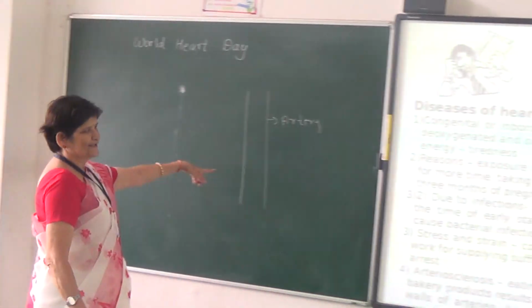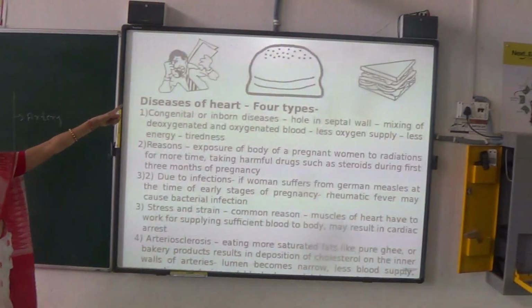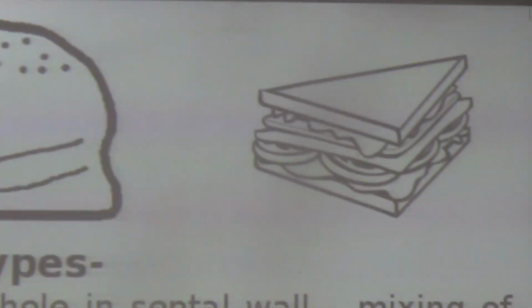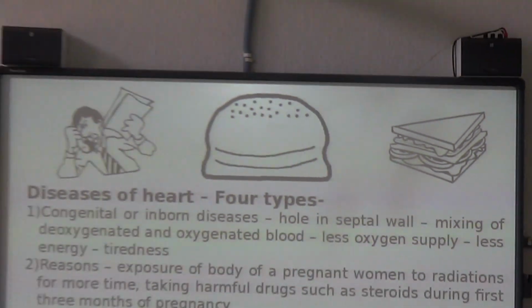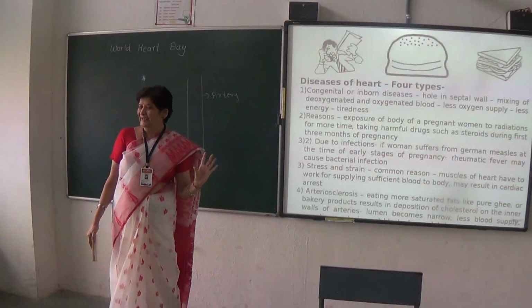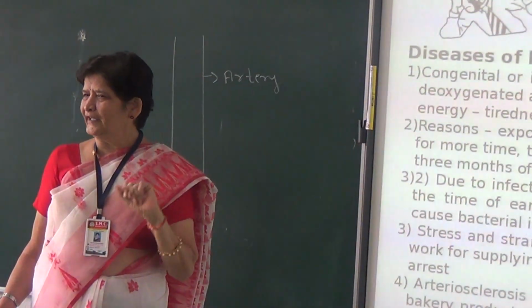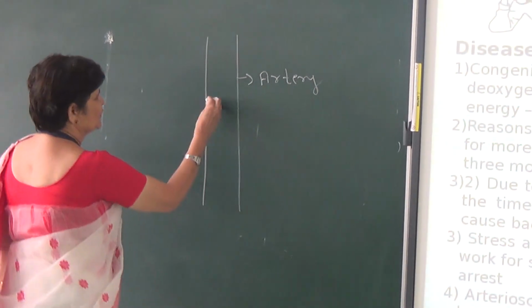Nowadays junk food is eaten by most of the people. Bread, then biscuits, all which are made from maida. So these are not good for the health. What happens?